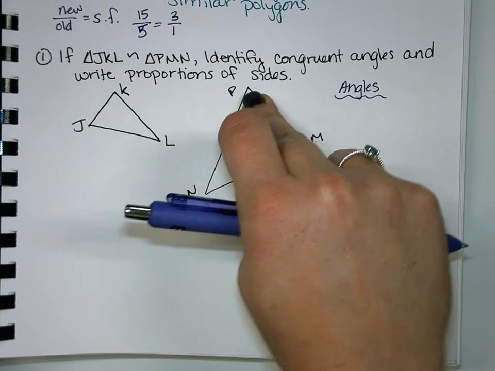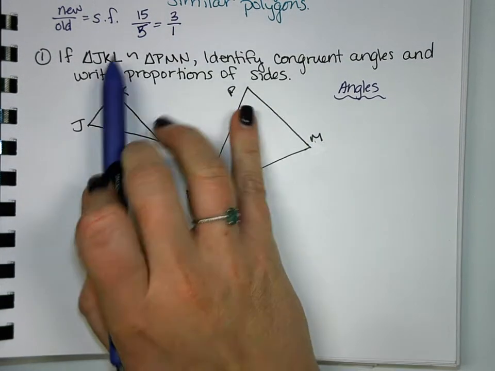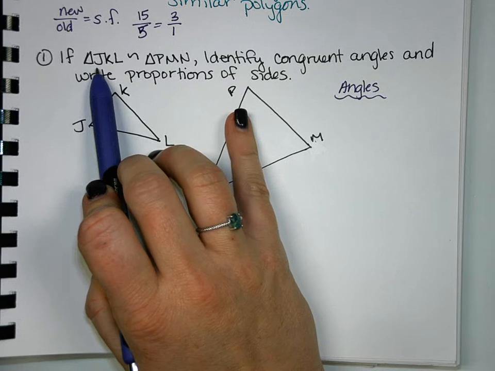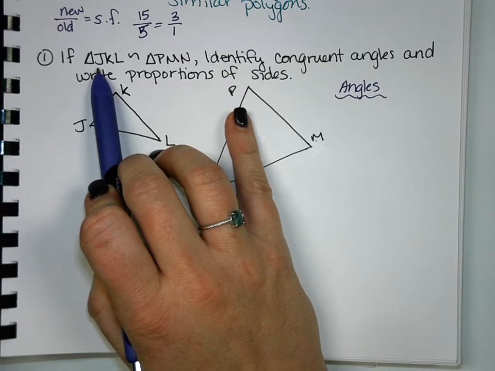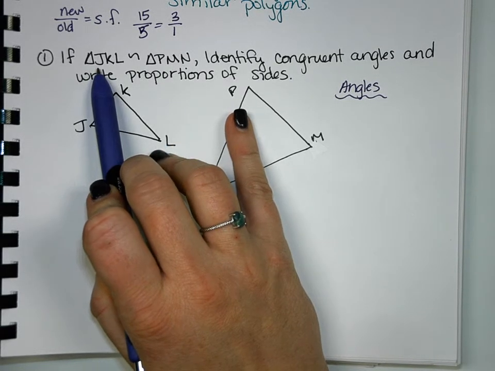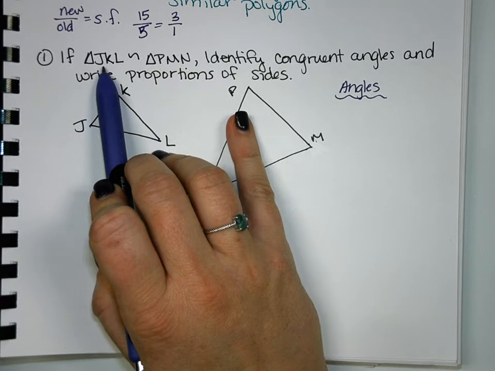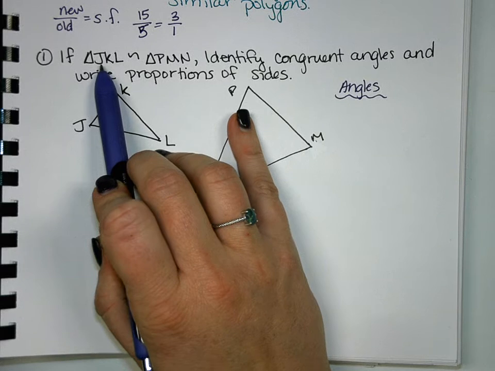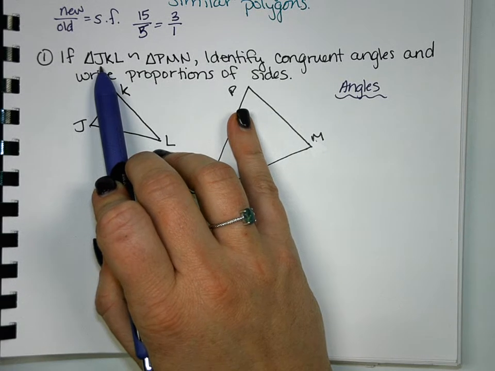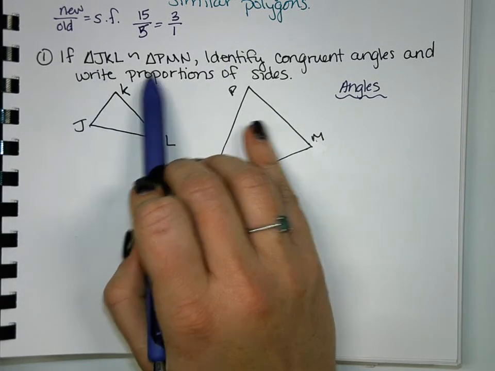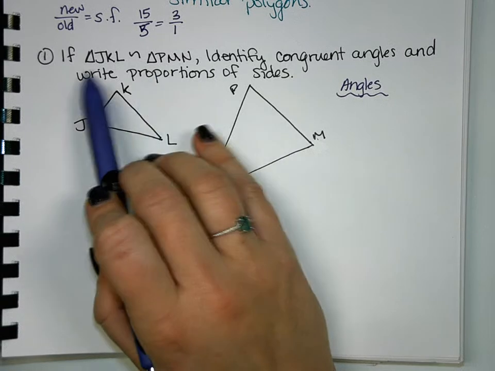The other way that you can know is by the statement itself, just like in chapter 3, Jay, how we had triangle congruence and we matched up our vertices based on the statement. We can do the same thing here. So J would go with what? J is first.